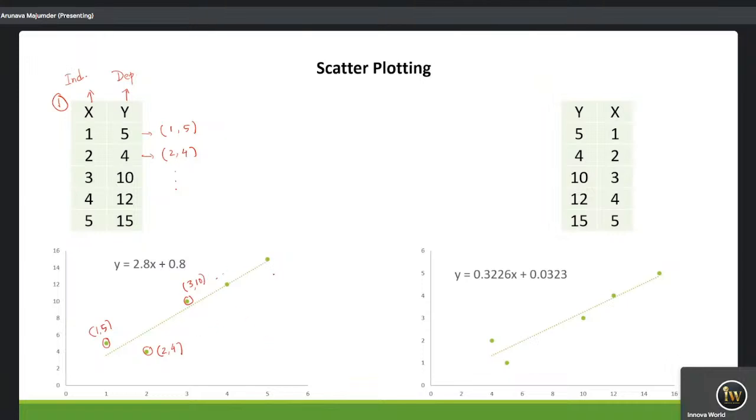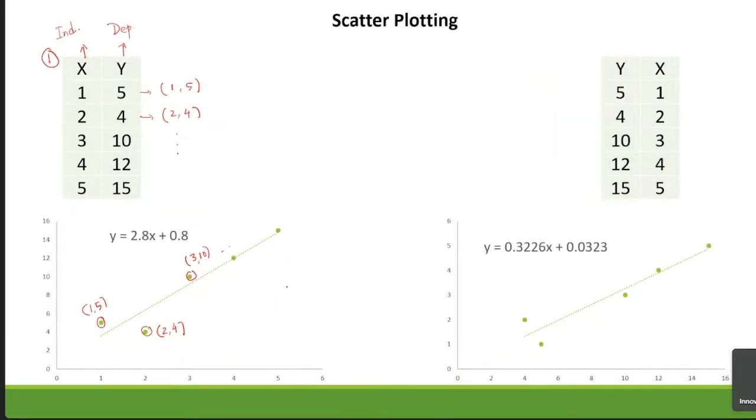So if I plot these points, we find some discrete points plotted here, and it forms a graph which is called the scatter plot. Now what is this straight line? This is the best fit line, which is also called the regression line.